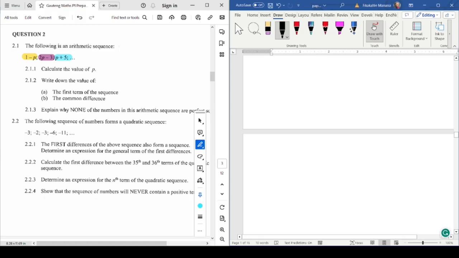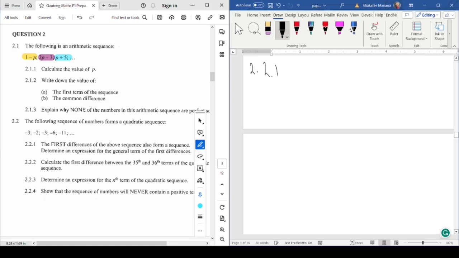Okay, let's look at the next question, which is 2.2.1. It says the following sequence of numbers form a quadratic sequence. So we're dealing with quadratic now. There are the numbers. The first difference of the above sequence also form a sequence.